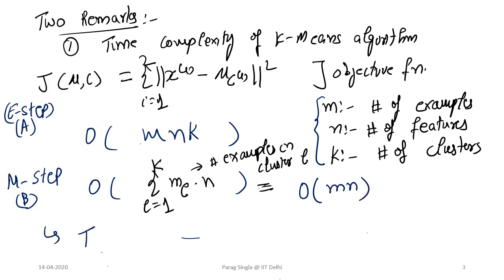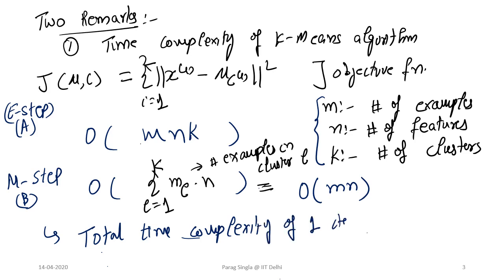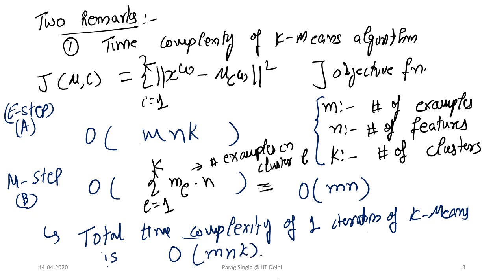Therefore, the total time complexity of a single iteration of k-means is simply order, just summing the time complexity from step 1 or step A and step B, which is order mnk.